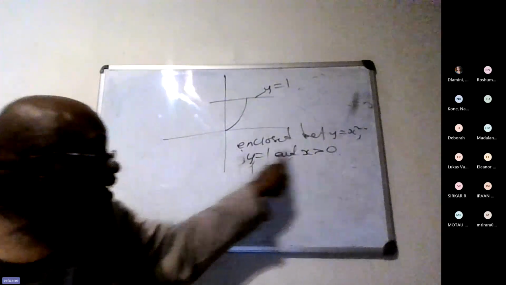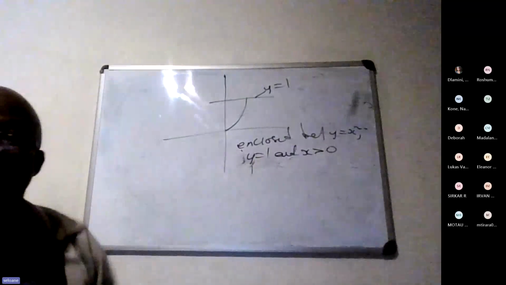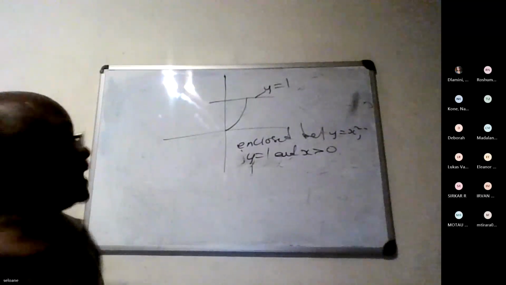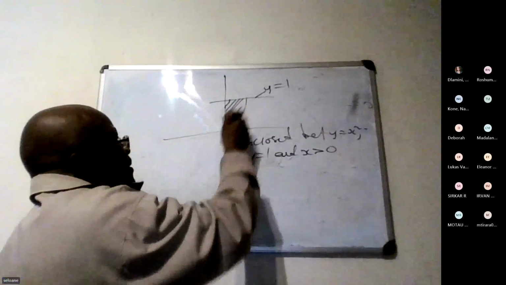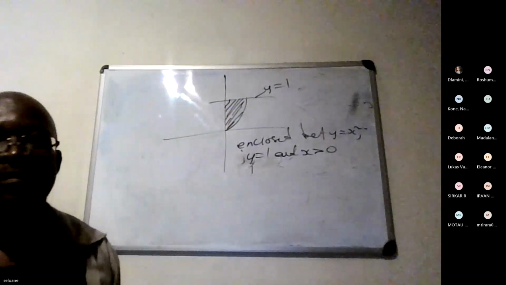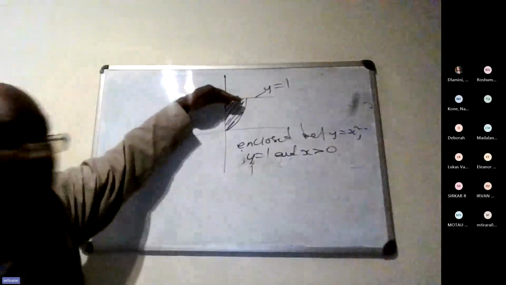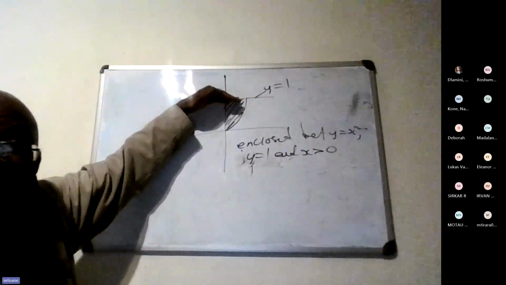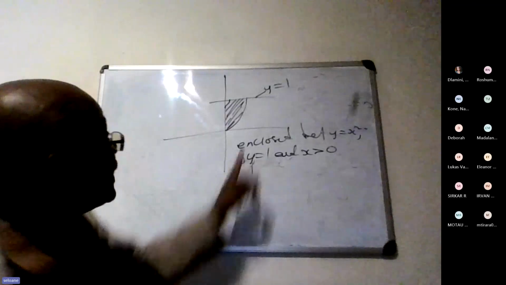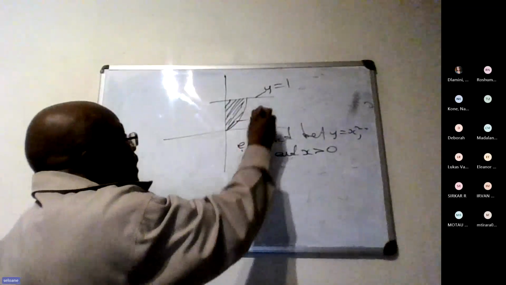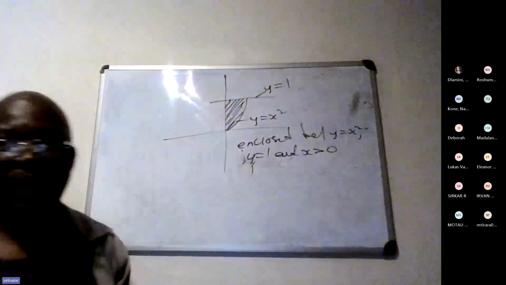These are your boundaries. So which region are we talking about here? That is this region. The top boundary is part of y equal to 1. The right boundary is y equal to x squared.